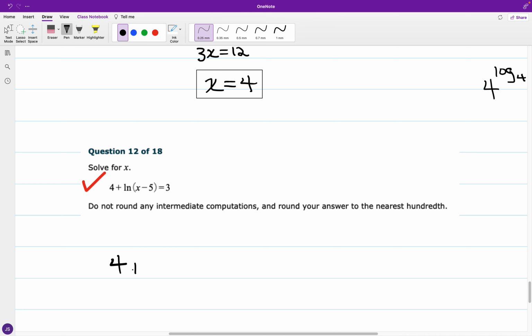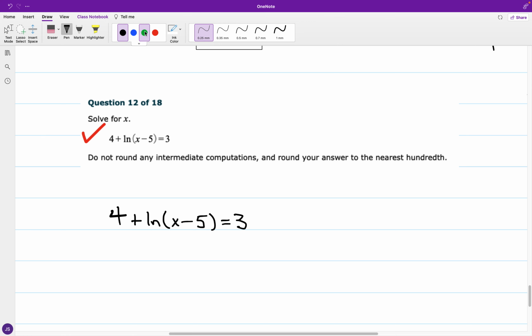So we have 4 plus the natural logarithm of the quantity of x minus 5 is equal to 3, and I can get the natural logarithmic term by itself. If I take 4 away from both sides, we have the natural logarithm of the quantity of x minus 5 is equal to 3 minus 4, which is -1.